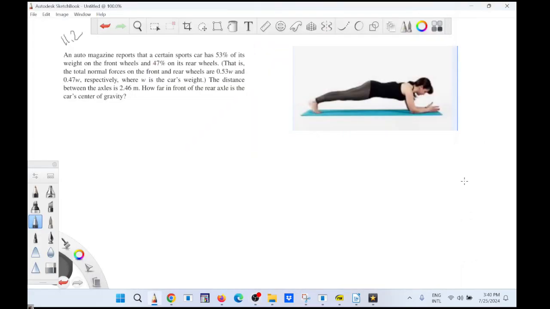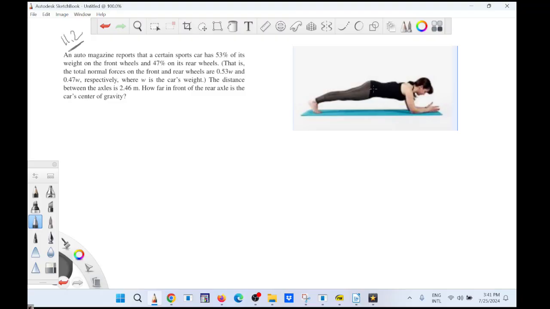So this one is about equilibrium and torques, and it's from your textbook, University Physics, solved problem 11.2, but I thought it was interesting because it's very much like a problem like someone doing the plank.